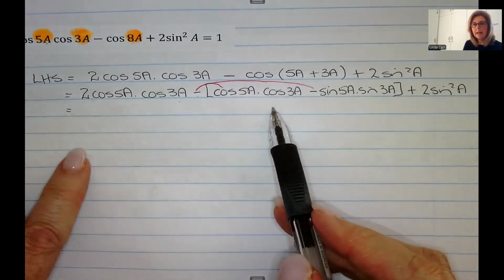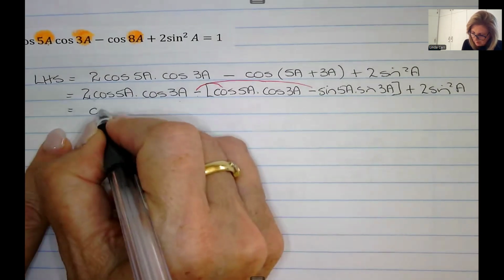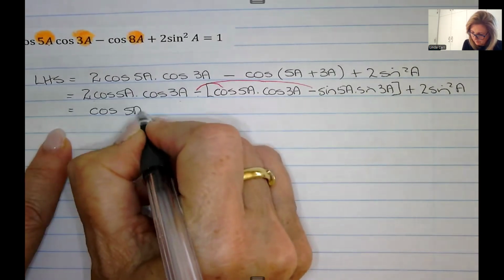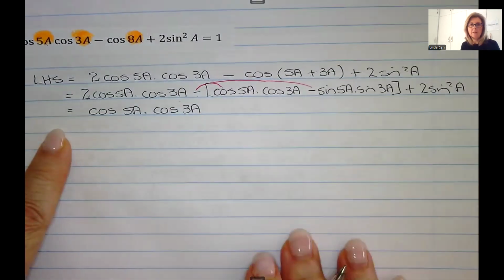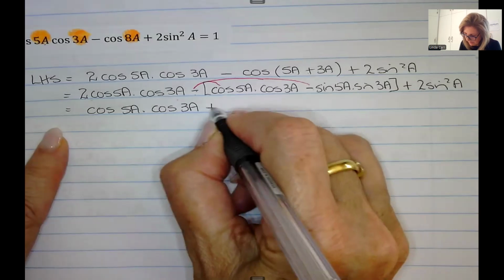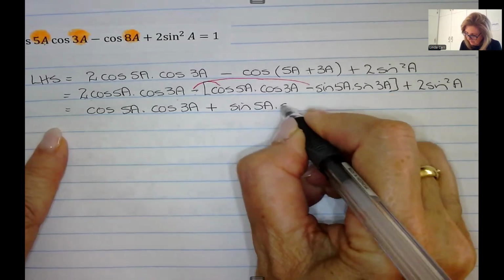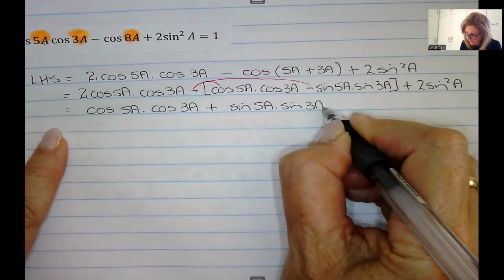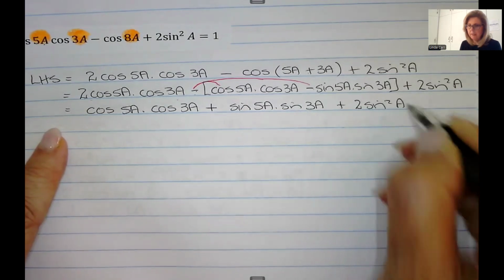And so those are like terms, and 2 minus 1 makes 1. Then minus times a minus makes a plus sine 5A sine 3A, and patient little 2 sine squared A is still hanging on.